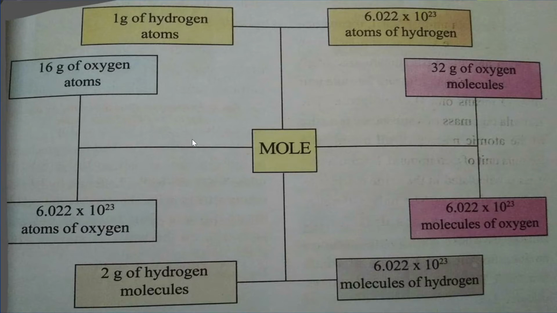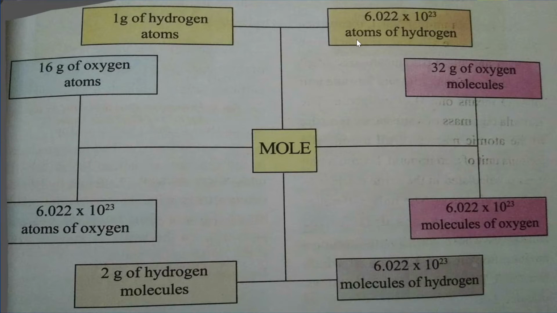Similarly, if we look into the Avogadro number, that is number of particles, they can either be atoms or molecules. For example, if we are considering hydrogen atom, that is 1 mole of hydrogen atom has 6.022 into 10 to the power of 23 atoms. We are considering atomic hydrogen, so we are writing atoms.